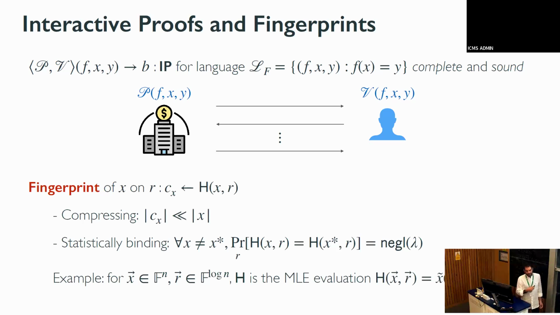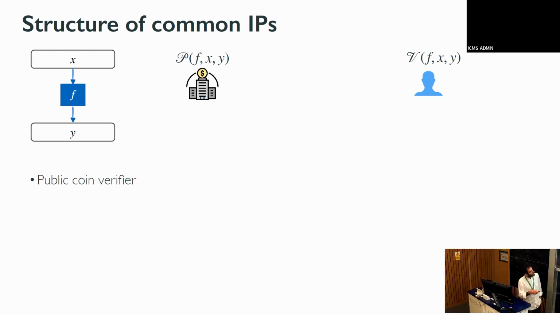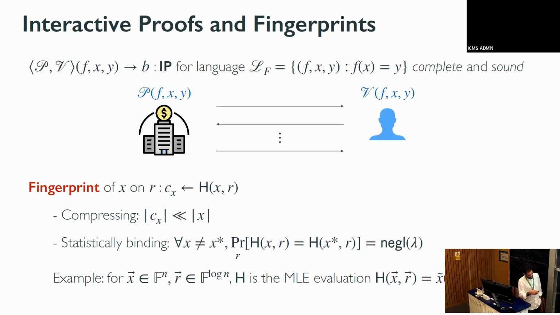Then another object that I'm going to introduce is a kind of a new notion that we call fingerprinting. So fingerprinting of a data X with some randomness R, you can think of it as some function H computed on X, R, so some sort of hashing that is compressing.